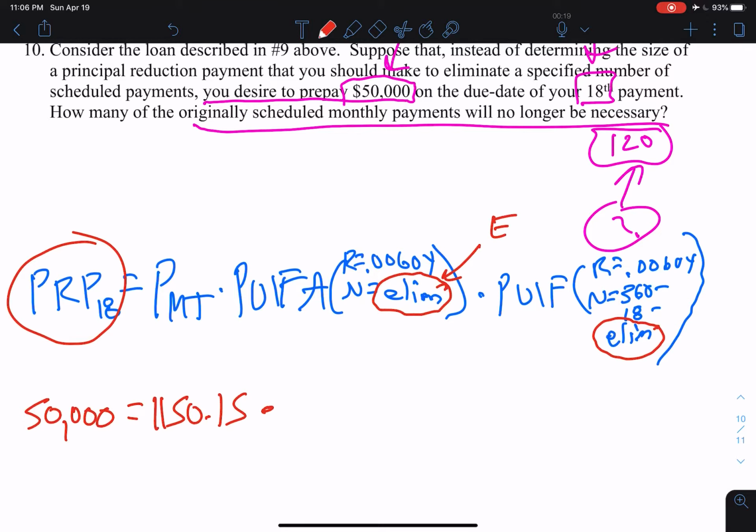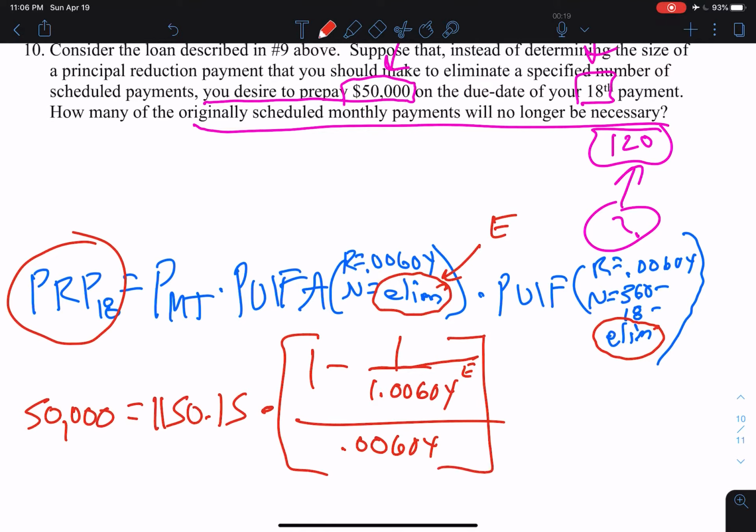So this PVIFA is going to be 1 minus 1 over 1.00604 to the E power, divided by 0.00604. So that is the PVIFA.